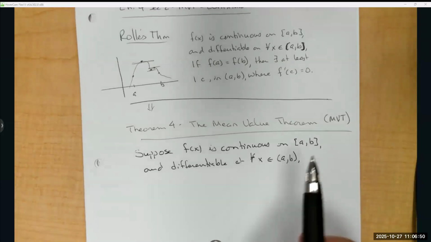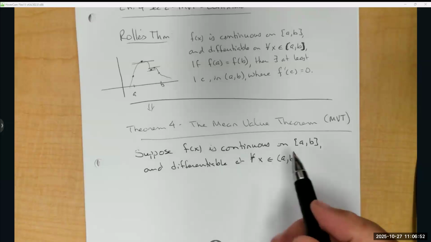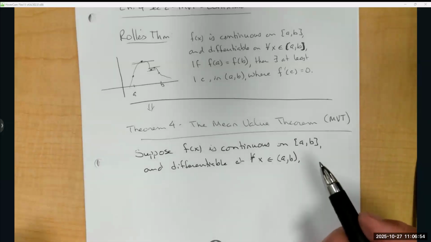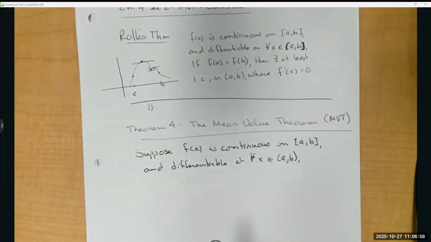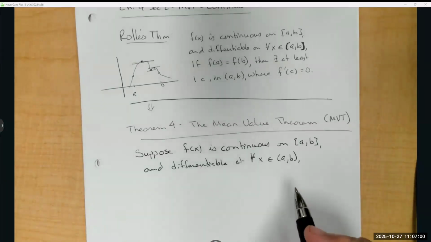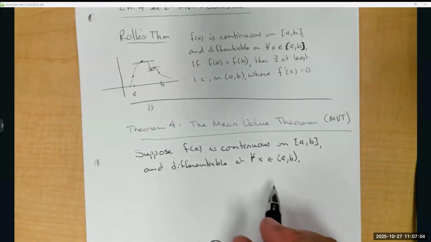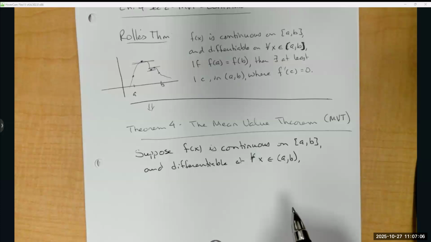Now, let's look at what this means. If it's continuous, that means the limit exists at any point along the way. If it's differentiable, that means the derivative exists. That means it has a slope somewhere along the way.